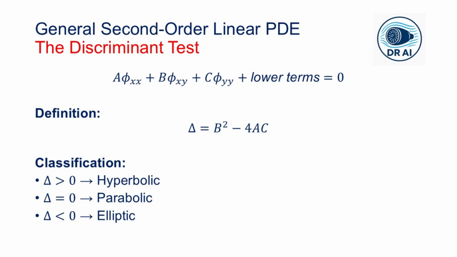This classification depends on the sign of the discriminant. Here we represent the discriminant as delta, equal to b squared minus 4ac. So why the discriminant? In analytical geometry, the quadratic form ax squared plus bxy plus cy squared determines the type of the conic section.